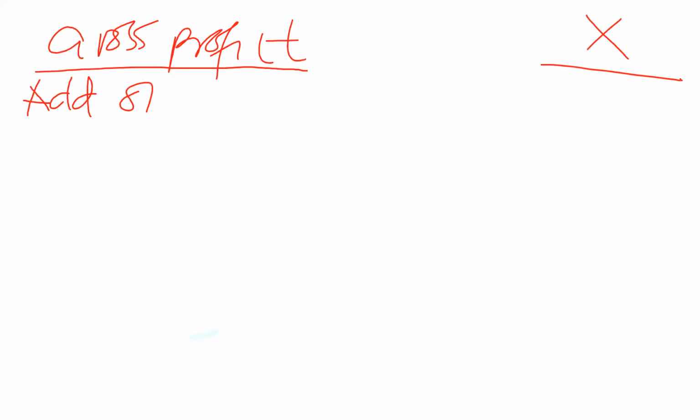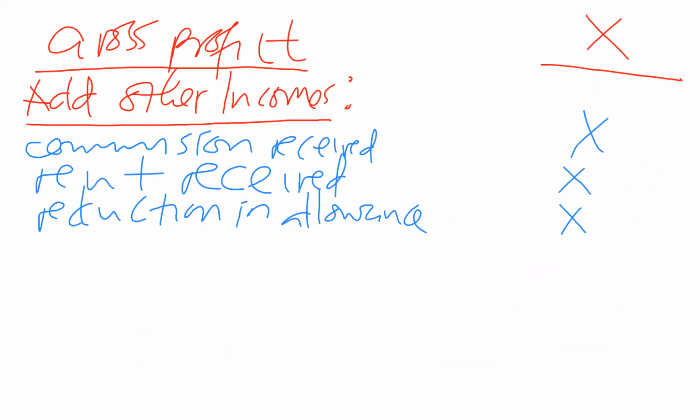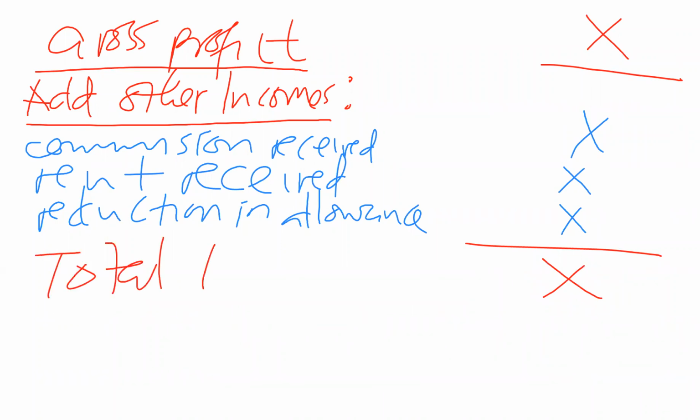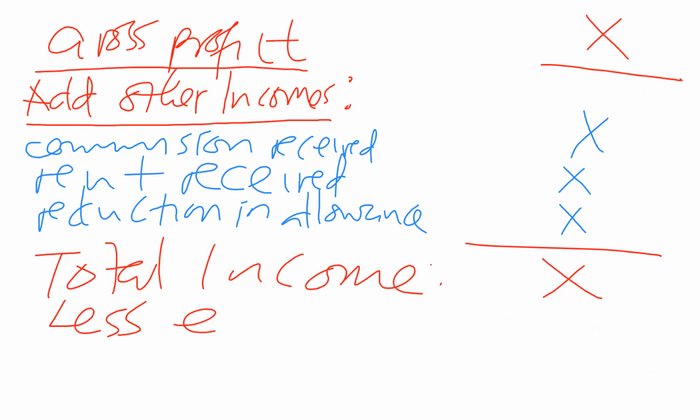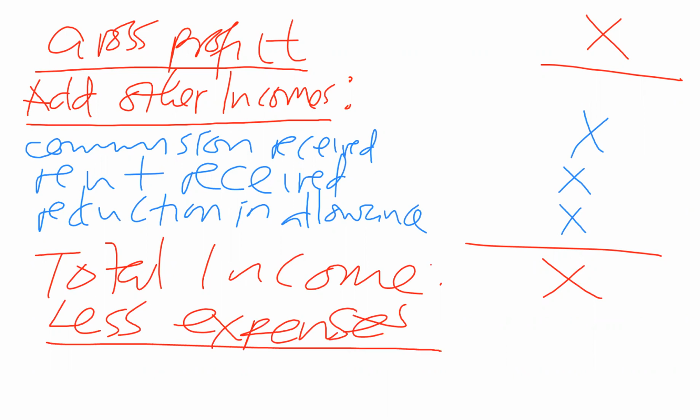Right. So the allowance for receivables is another income. You add it here and you have total income. Now, from the total income, you will less expenses. This is the format that I'm giving you. When you go to the trial balance, you're just getting the figures. These details are on the trial balance.